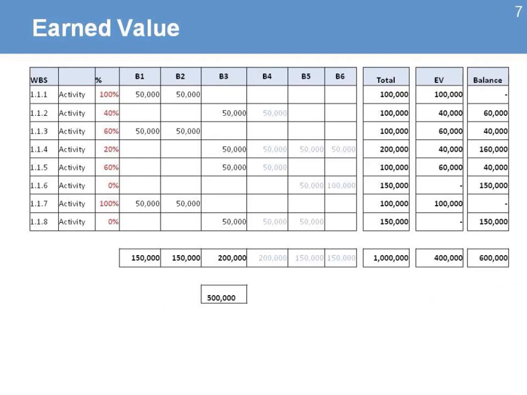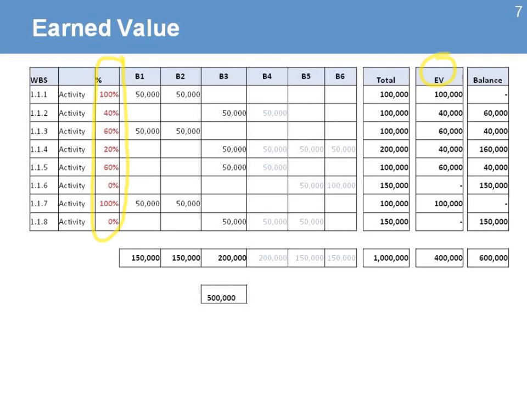In earned value, what we're trying to do is add this information: the percentage of completion on each one of those activities. When I calculate that with the budget that I have, what results is called earned value. That is the value of what the project has actually delivered in terms of outputs or outcomes.